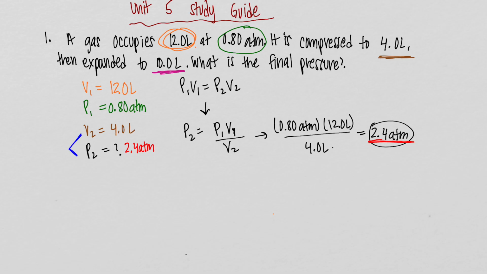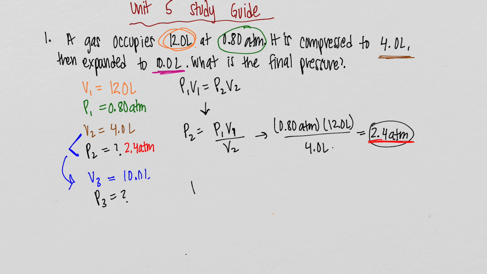from these two to something with the volume. You could say the third volume of 10.0 liters. And we don't know what our pressure is.